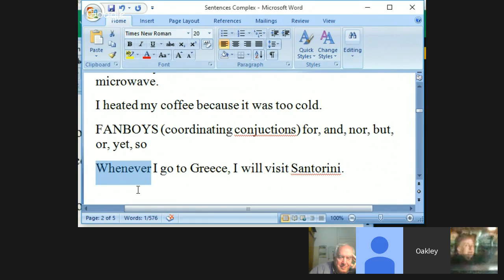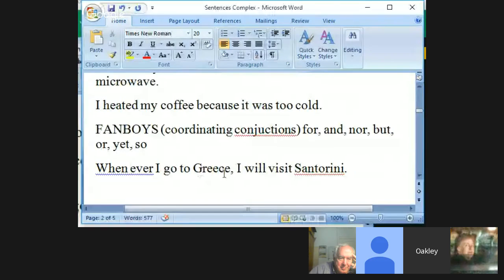But in this usage, we can't use it together with will like that. Whenever I go to Greece, it doesn't make sense.